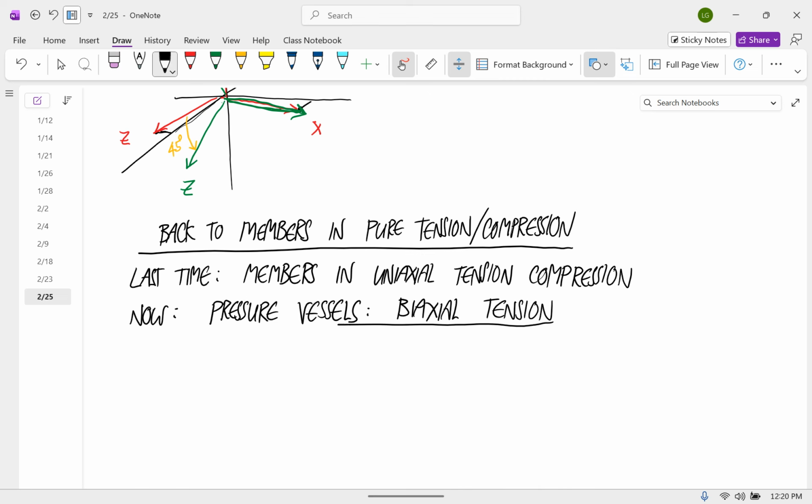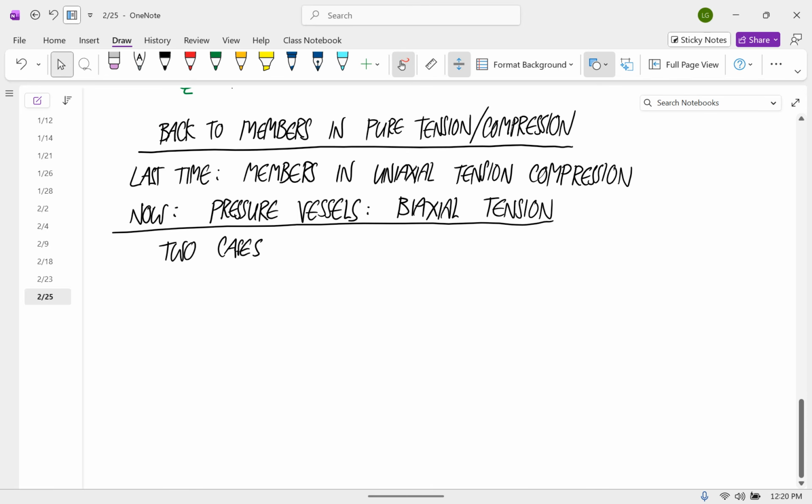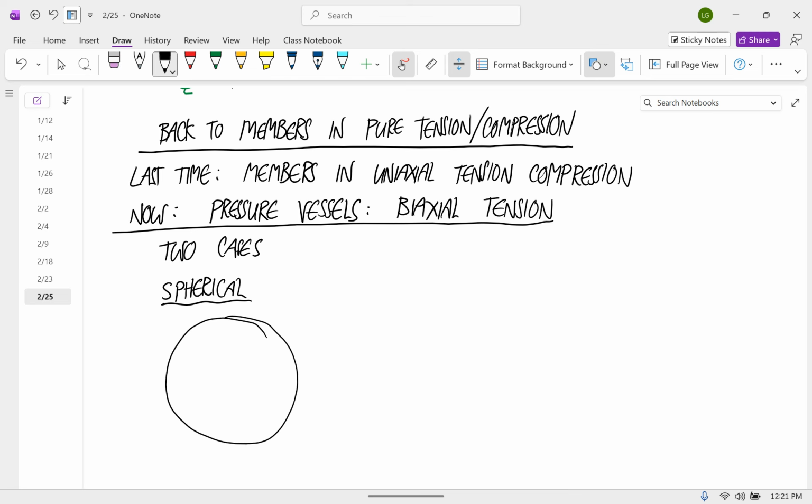And we're going to do two types of pressure vessels. So the two cases are spherical pressure vessels, and so inside of here we have pressure pushing out like this.